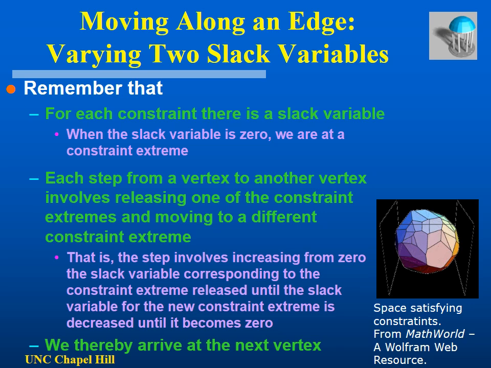For each one of these constraints, there is an associated slack variable, we have said. And when that slack variable is 0, we're at the constraint extreme. That is to say, we're on one of the faces of this constraint hyperpolyhedron. In the diagram, let's assume that the constraint in question is the one with the big polygon facing us in the diagram.